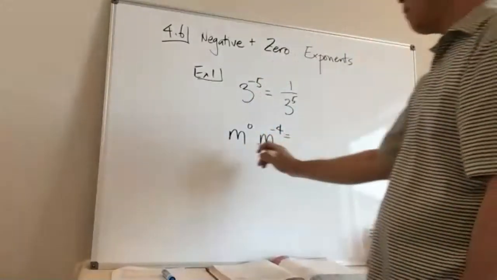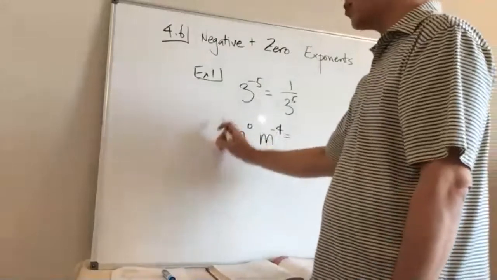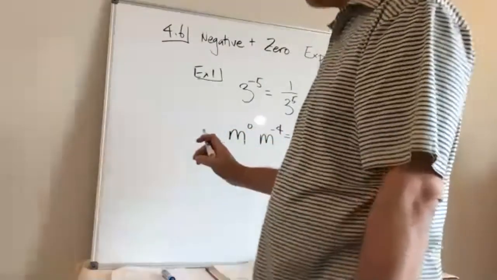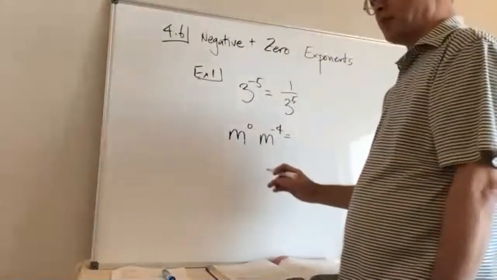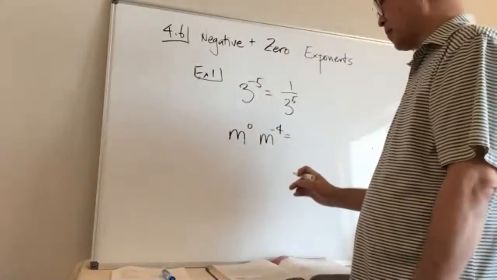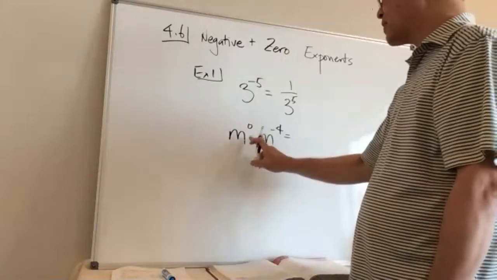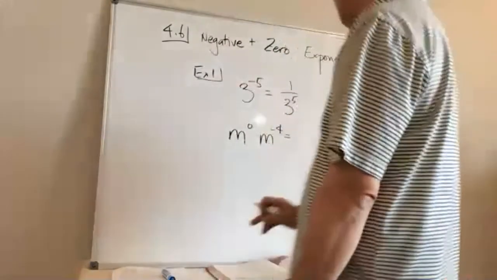Next one is m to the 0 power, m to the negative 4th. What is m to the 0 power? What is anything to the 0 power?